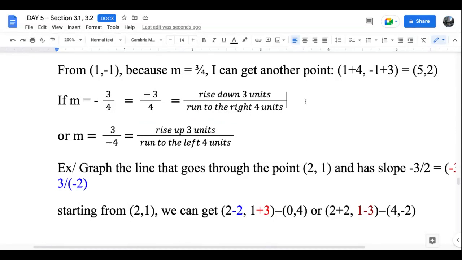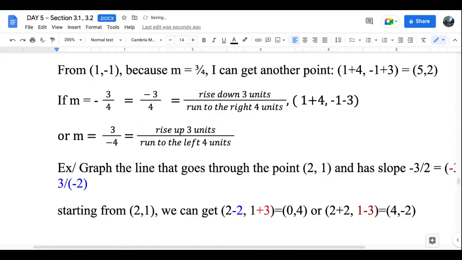For the first, the point we get is 1 plus 4 and -1 minus 3.